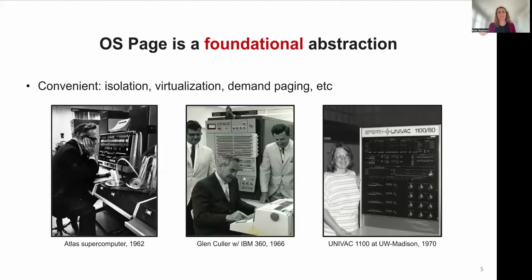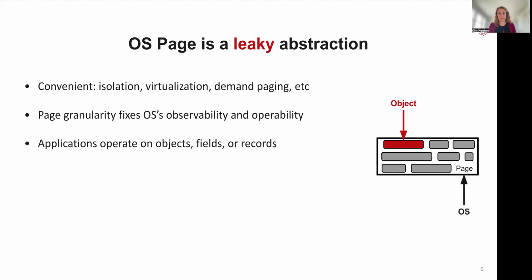Okay, so clearly the OS page is such a foundational abstraction for our field. But this page granularity fixes operating systems' observability and operability. Operating systems are now forced to only observe at page granularity or move things around at this granularity.